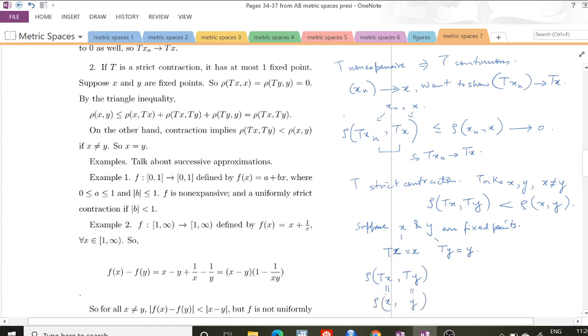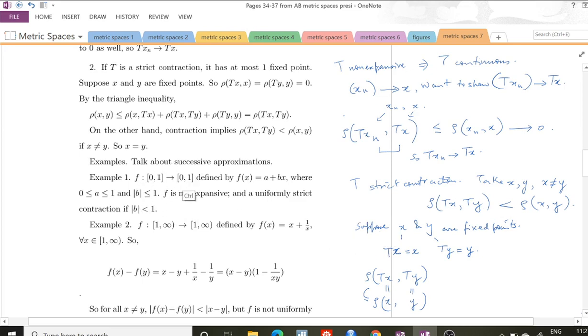So the distance between tx and ty must be exactly equal to the distance between x and y. Now if x and y are distinct points, this contradicts that t is a strict contraction. For a strict contraction, we should have that the distance between tx and ty is strictly less than the distance between x and y.